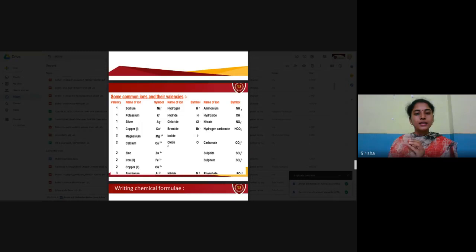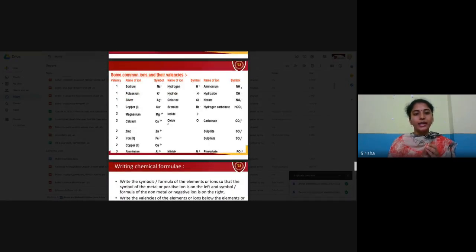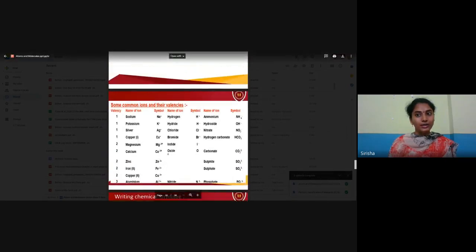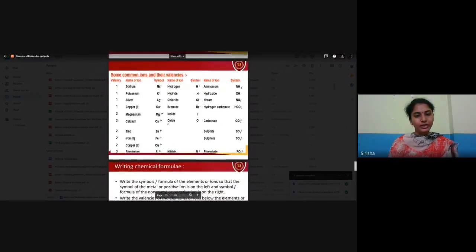Calcium always exists as Ca plus 2 and its valency is 2. Iron exists as Fe plus 2 in a stable state and its valency is 2. Aluminium exists as Al plus 3 and its valency is 3. These are some of the valencies, the combining capacity of an element.